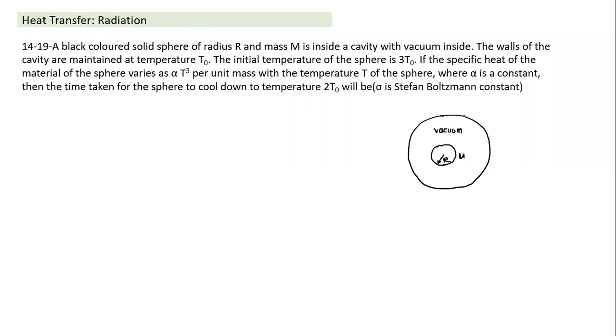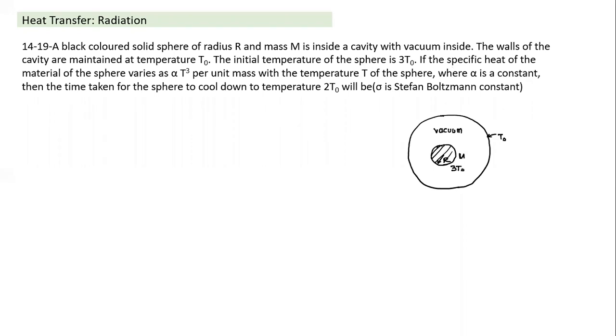The space between the inner surface of the cavity and the outer surface of the solid sphere is vacuum. The walls of the cavity are maintained at temperature T naught. This cavity wall's temperature is T naught. The initial temperature of the sphere is 3 T naught.